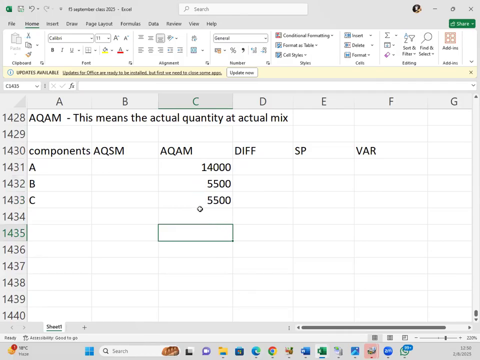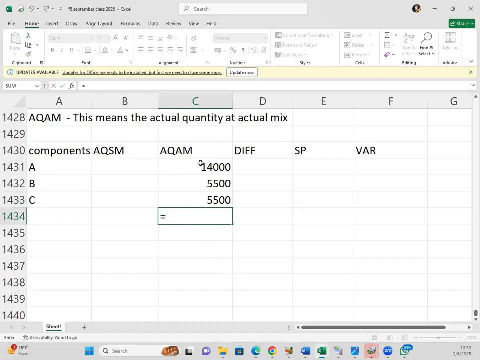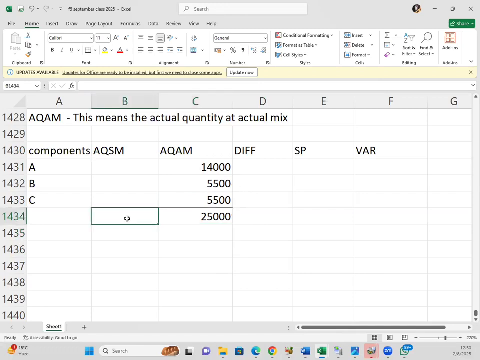Then the actual quantity at standard mix, we are saying for the material that was used, if we were to share it in the standard mix ratio, how would we share? So in total, we have used 25,000 of the material, but being shared in this proportion. What if we had used the standard mix?